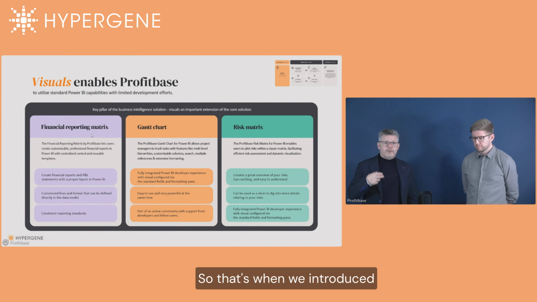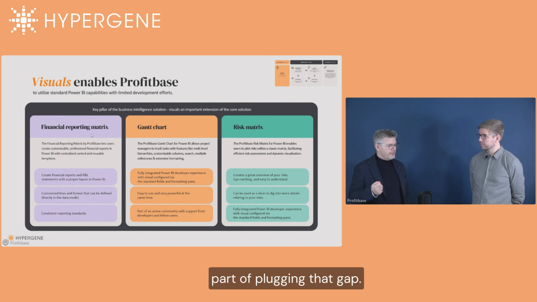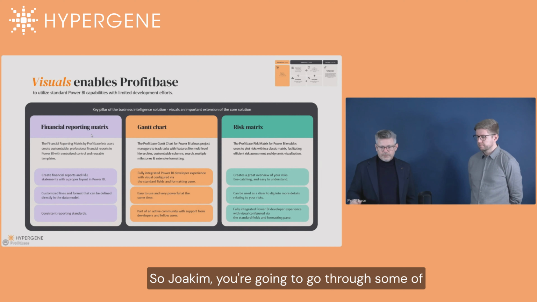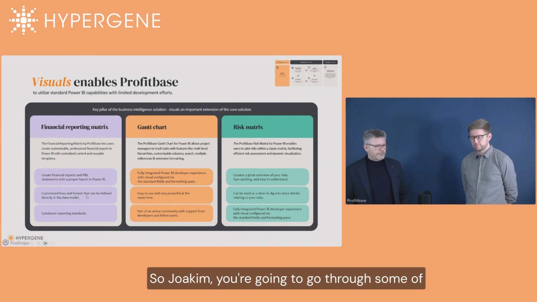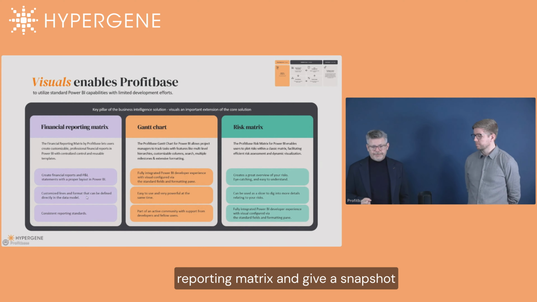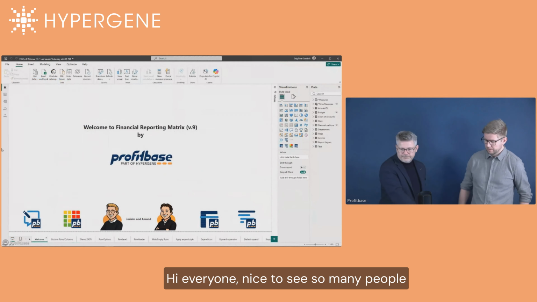So that's when we introduced the financial reporting matrix as a way of plugging that gap. So Joachim, you're going to go through some features that we have in the financial reporting matrix and give a snapshot of what it does and what it cannot do and so forth.